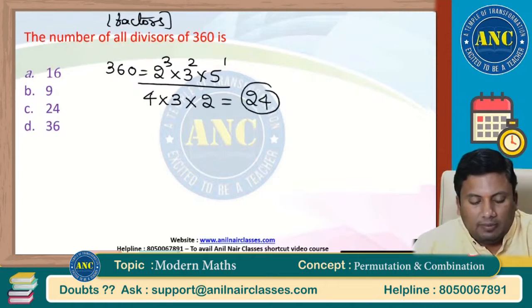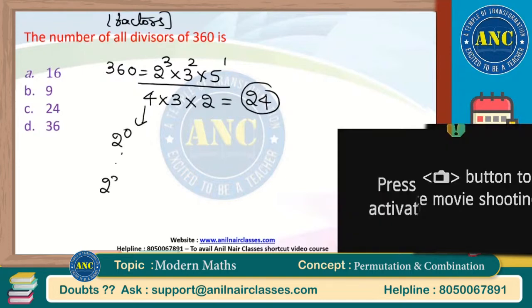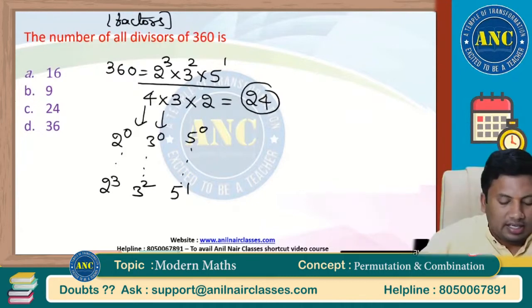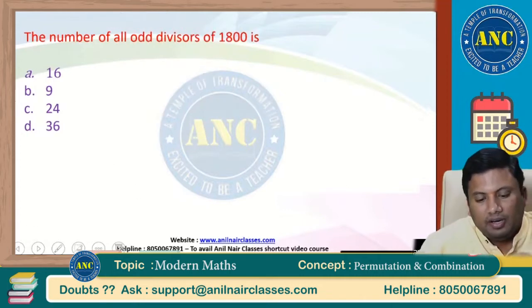Answer is 24. What is this 4? 2 power 0 to 2 power 3. What is this 3? 3 power 0 to 3 power 2. This 2 is 5 power 0 to 5 power 1. 4 into 3 into 2, answer is 24. Number of factors. Now it will be clear.